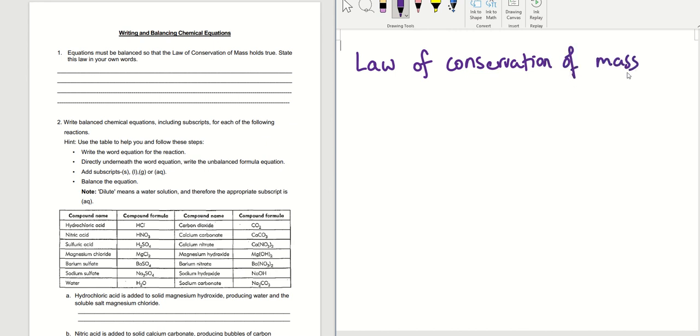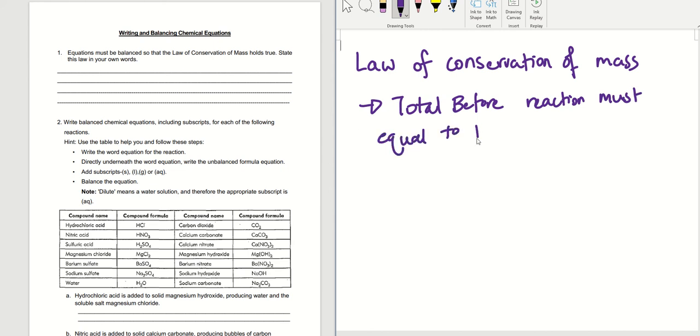What we know from the law of conservation of mass is that the total mass before reaction must equal to the total mass after the reaction.